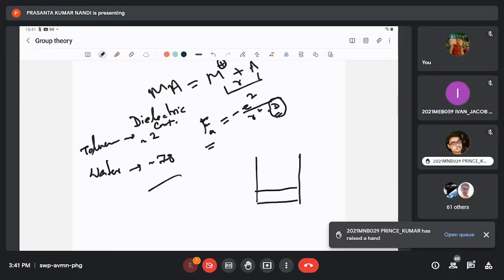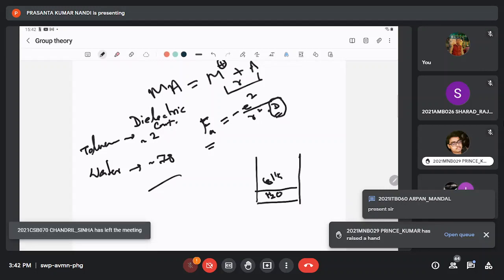Water has a much larger density, so water would be below the interfacial region, and toluene, being lighter, will float on top of water.